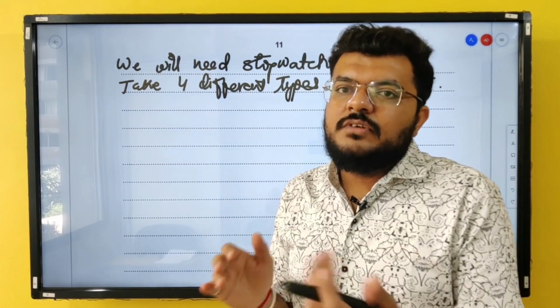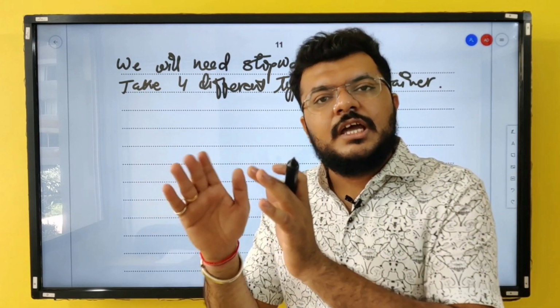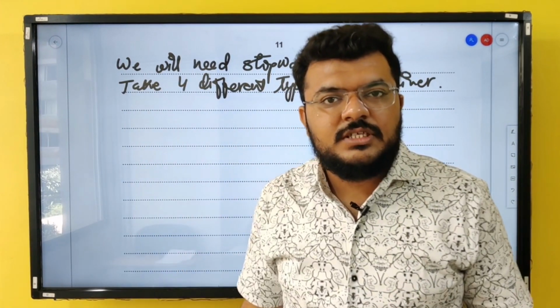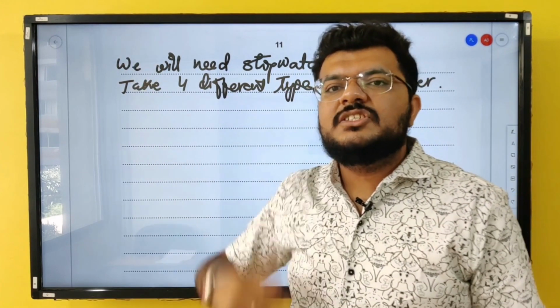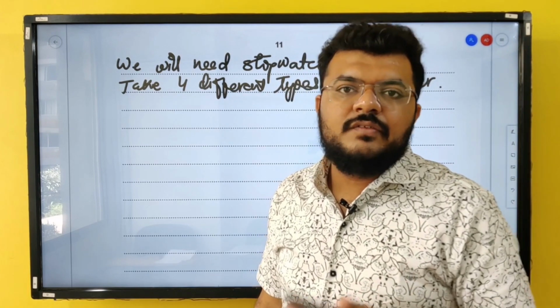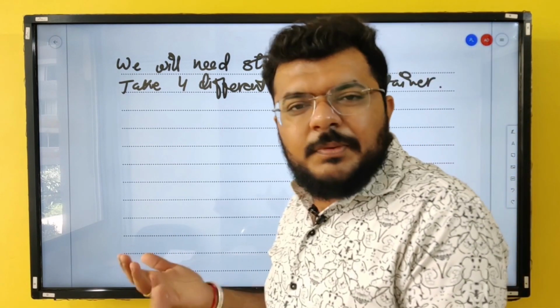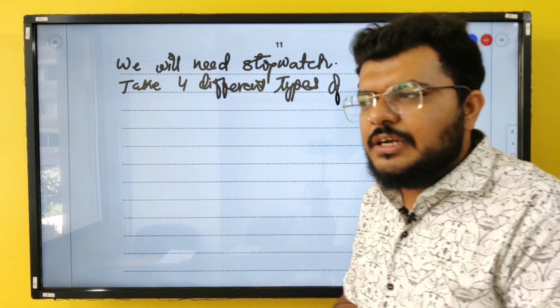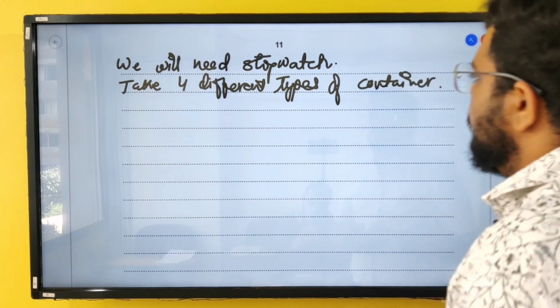Then we will record which material required how much time for the same change in temperature. If you make a graph and the line is a straight increasing slope, it's directly proportional. If it's a straight line with decreasing slope, it's inversely proportional. But expectedly it should be directly proportional, or it should not have any relationship.